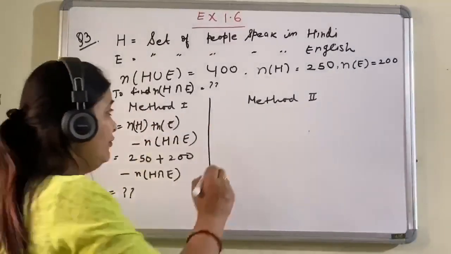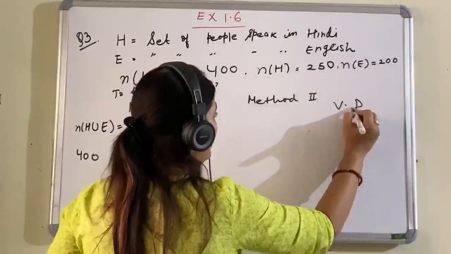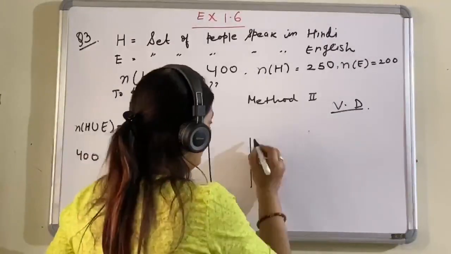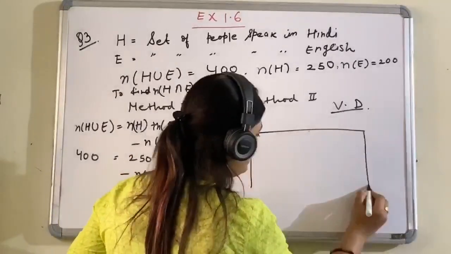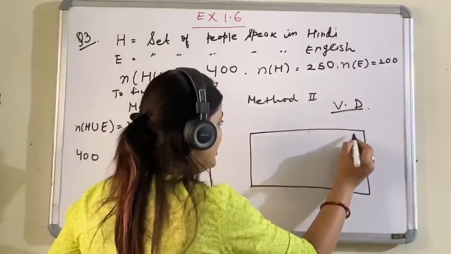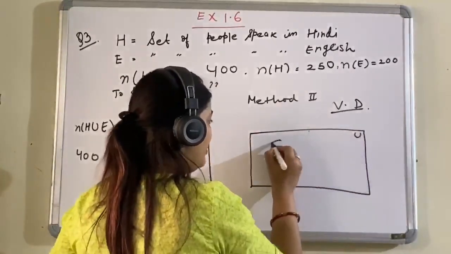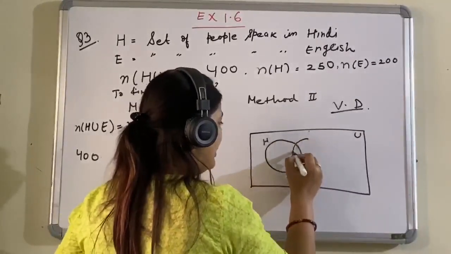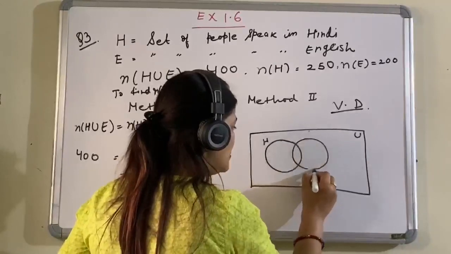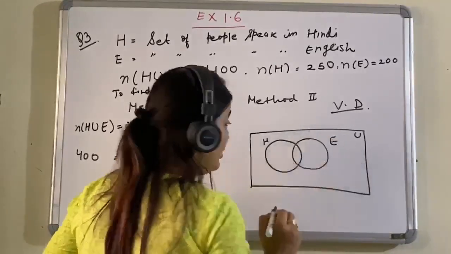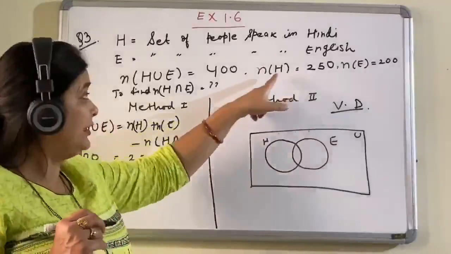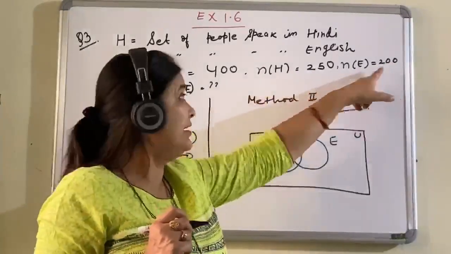The second method is the Venn diagram method. How can you do it? Venn diagram: make a rectangle. This represents the universal set. Make a set of people who speak Hindi, and another set of people who speak English. Now, 250 people speak Hindi and 200 people speak English.